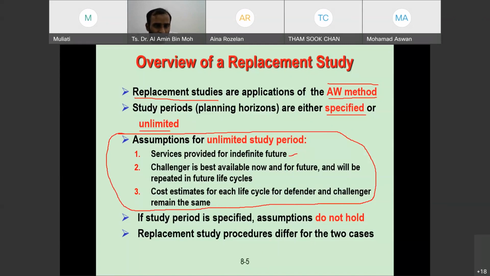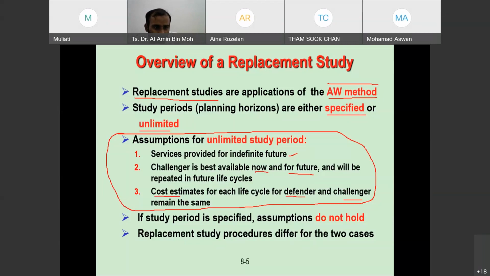The challenger is the best available now and for the future, which means there is no need to wait for a certain N until we want to replace. So we always think that the challenger is the best available now and in the future, and can be repeated in future life cycles. And cost estimates for each life cycle for the defender and challenger remain the same. So the cost estimate is going to be the same when we are calculating them. We're going to see the example later.